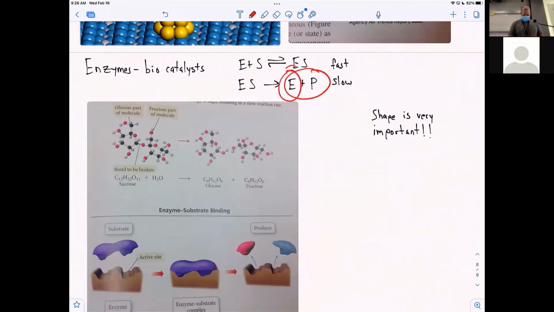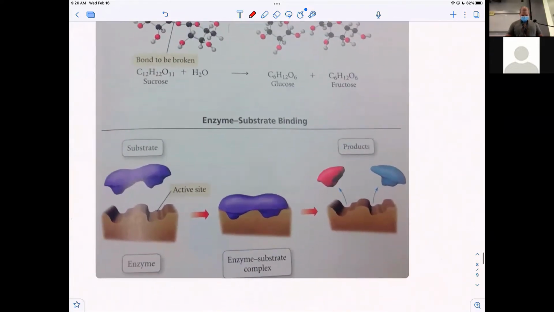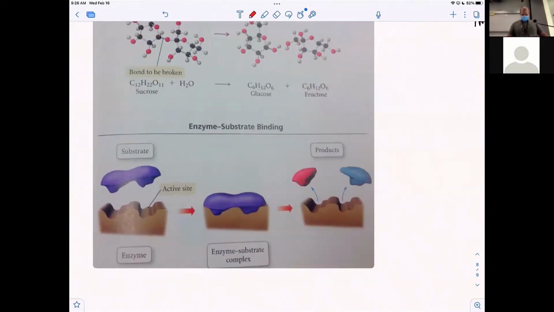And notice that the enzyme is not consumed in the process, as a true catalyst. It pops back off and can be used again. And so breaking sugar apart into fructose and glucose, and I'm saying sugar because sucrose is table sugar, what we normally call sugar, the enzyme breaks apart the sucrose.